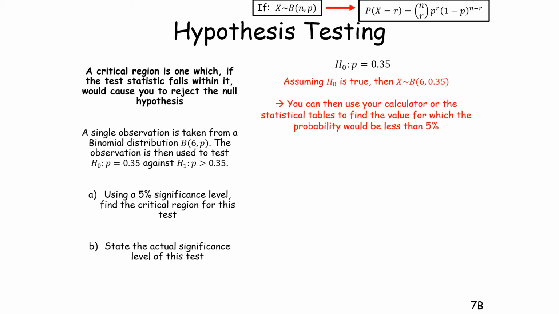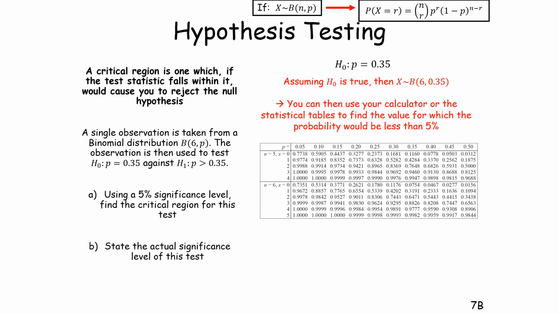You can use your calculator or use the statistical table to find for which value the probability is less than 5%. This is the table that is in your formula booklet, and you're given this in the exam. So we go for n equal to 6, p equal to 0.35, and this is the section that we're interested in. We need to check these values.